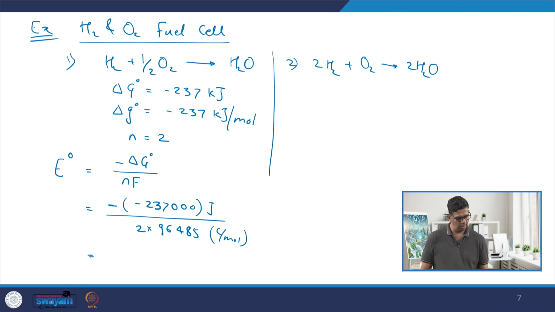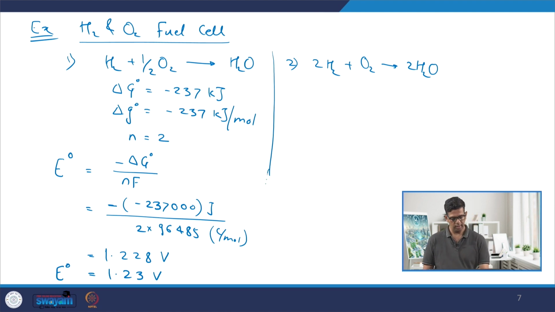If we calculate this, it comes to somewhere close to 1.228 volt, or close to 1.23 volt. So the reversible cell potential of the hydrogen-oxygen reaction, no matter how we do it, whether electrochemically or through a normal combustion reaction, the enthalpy will remain the same. And if you convert it into potential, it comes to somewhere close to 1.23 volt.